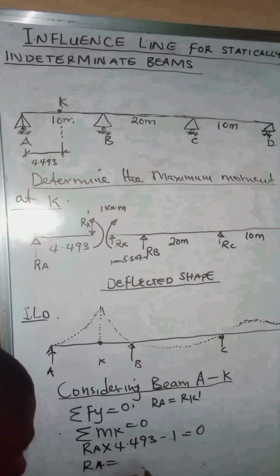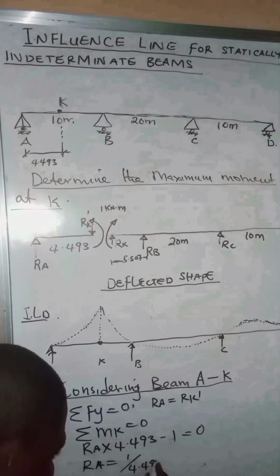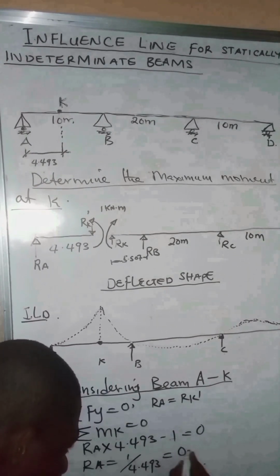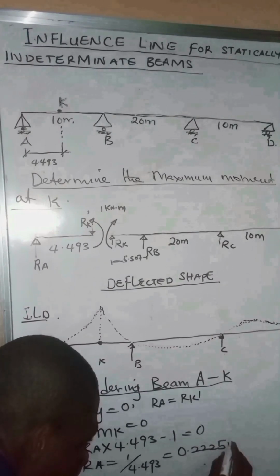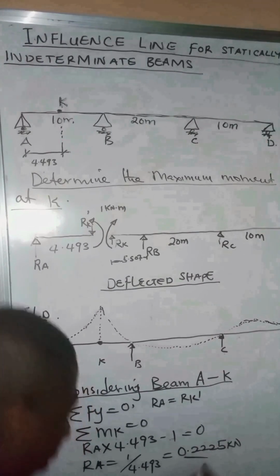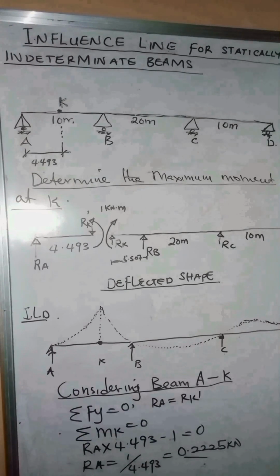So arrow A becomes 1 over 4.493. We do that, we have 0.225 kilonewton. So this becomes our reaction at point A.